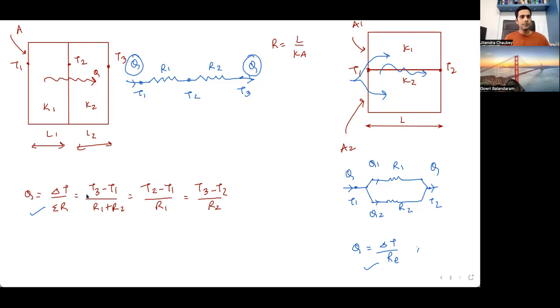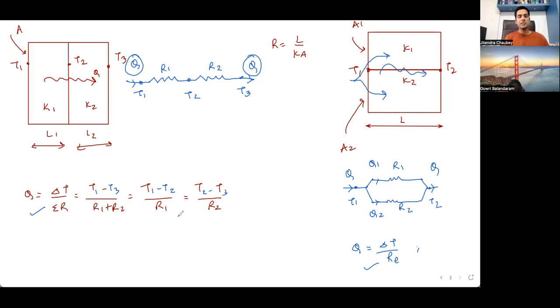I think I missed the nomenclature over here. It should be written as higher temperature minus lower temperature everywhere. This should be written as T1 minus T2, then T1 minus T3, then T1 minus T2, then T2 minus T3.